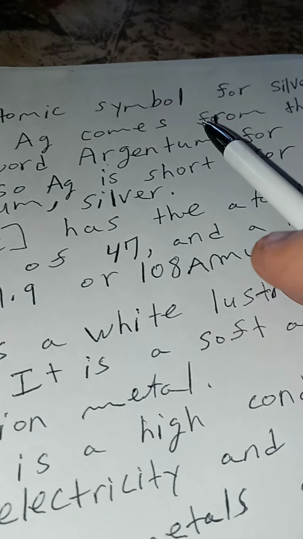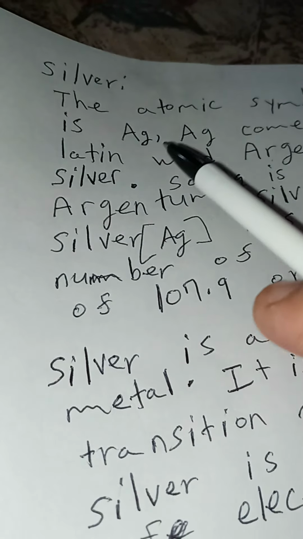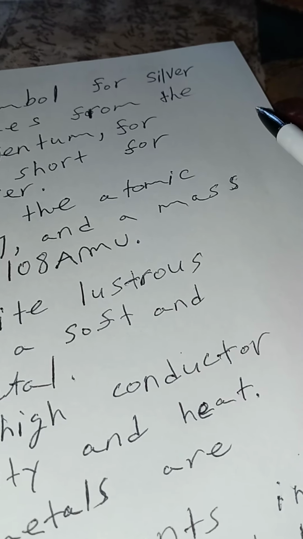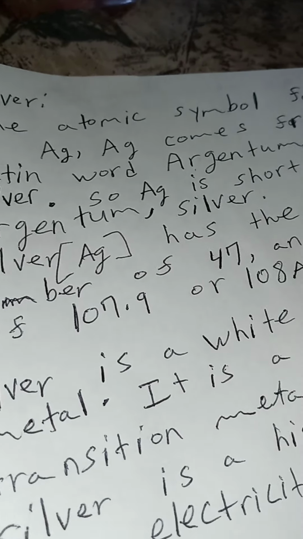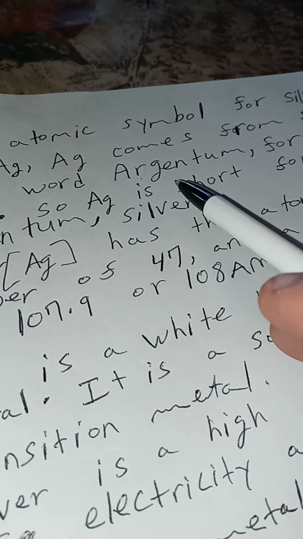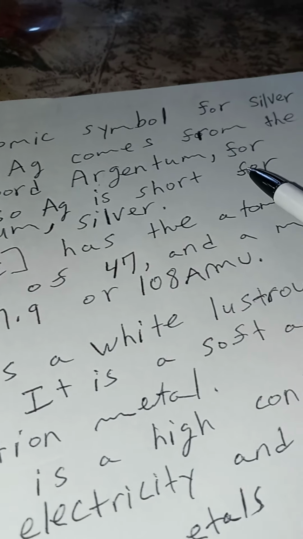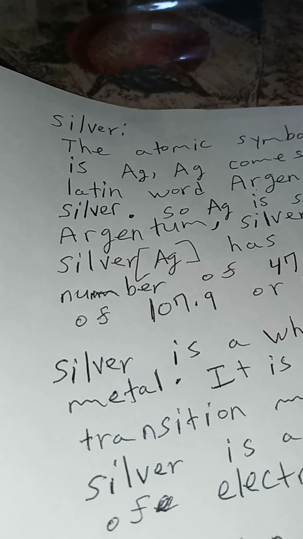The atomic symbol for silver is capital AG. AG comes from the Latin word argentum, which is spelled capital A-R-G-E-N-T-U-M, and that's the word for silver.